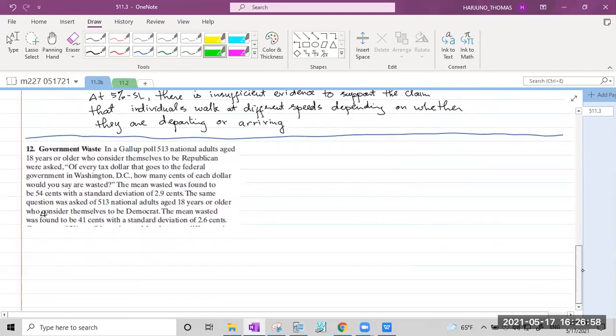Okay, let's go on with number 12. This question is slightly more difficult because they don't arrange the information for us. Government waste. In a Gallup poll of 513 national adults aged 18 years or older who consider themselves to be Republican, so this is the Republican group.